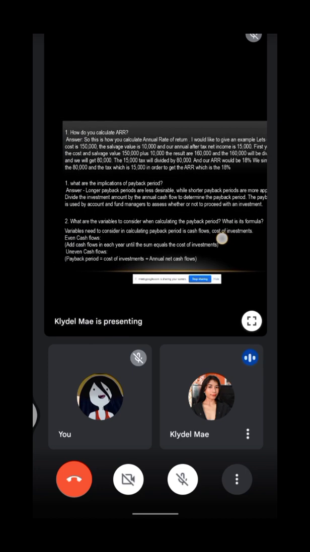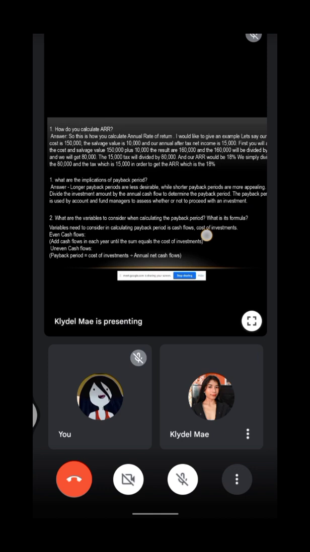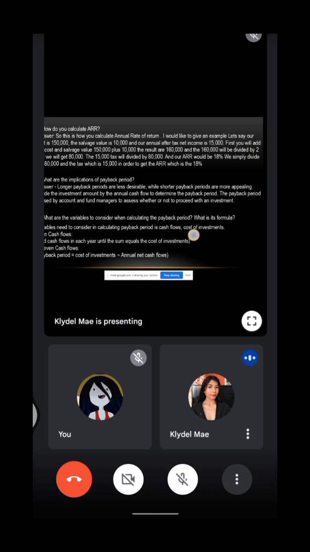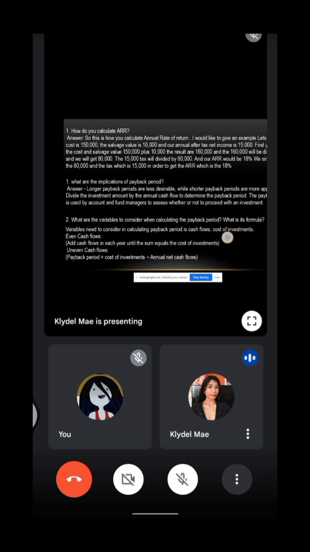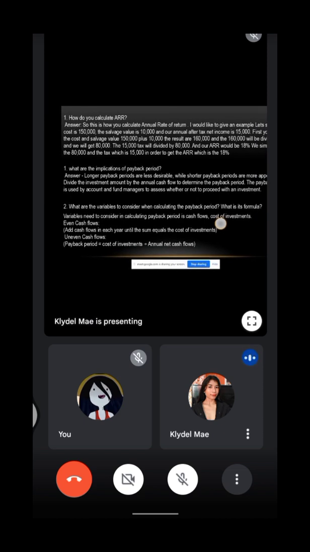First, you will add the cost and salvage value, which is 150,000 plus 10,000. The result is 160,000, and the 160,000 will be divided by 2, and we will get 80,000.